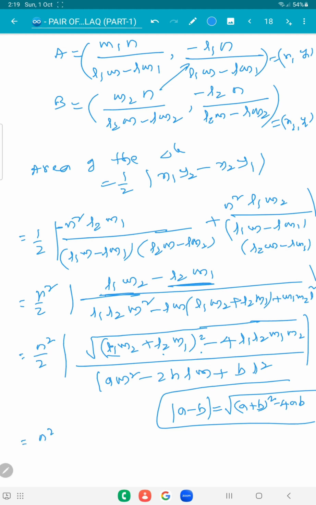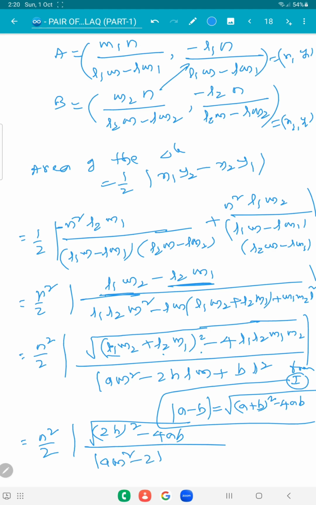Now replace the values of these two. What is L1 m2 plus from 1 Roman 1? What do we have? 2h whole square minus 4ab under square root by denominator am square minus 2hlm plus bl square. That is the numerator 4h square minus 4ab. We can bring 4 common, it becomes 2.